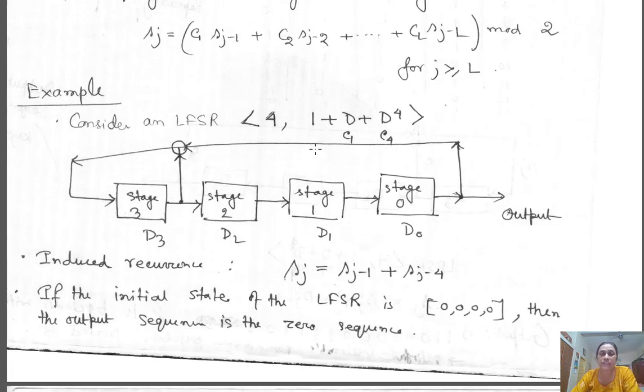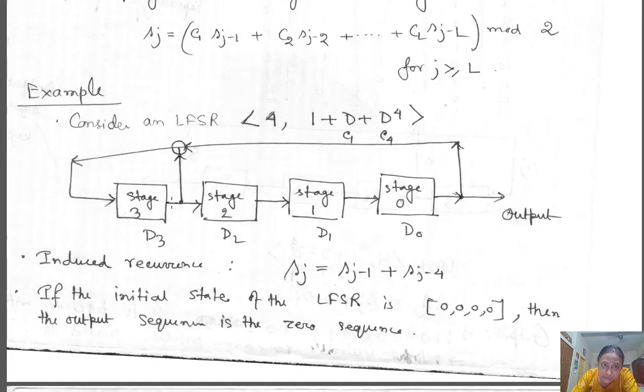In the last class I have discussed this, and it is given by 4, comma, the connection polynomial here is 1 plus D to the power 4. Okay, so if this is D0, D1, that means stage 0, stage 1, stage 2, stage 3, then if 1 plus D to the power 4 is your connection polynomial, the coefficient comes here.